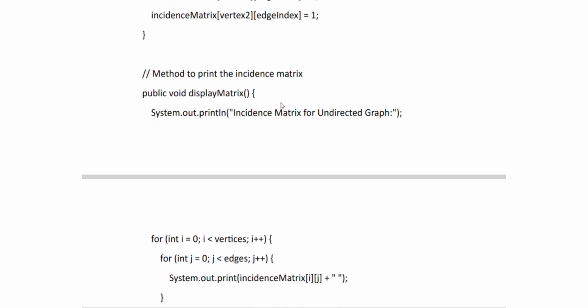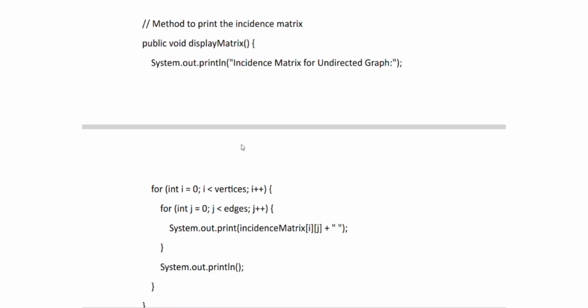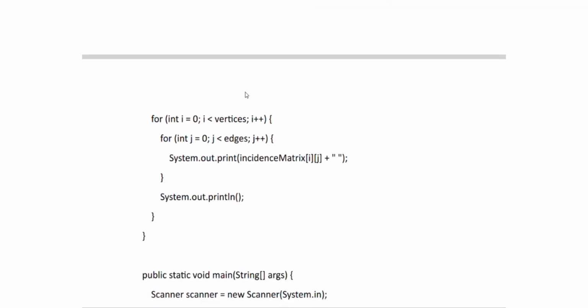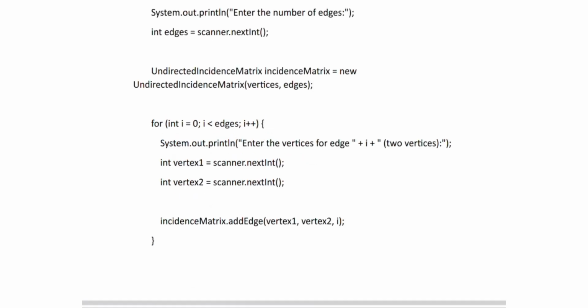Now the displayMatrix method prints the incidence matrix. It loops through each row, representing vertices, and each column, representing edges. For each element, it prints 1 or 0, showing whether each vertex is connected by each edge.